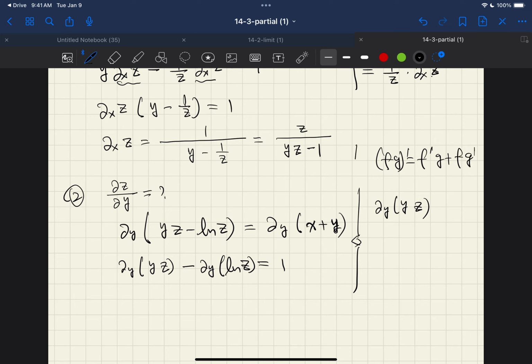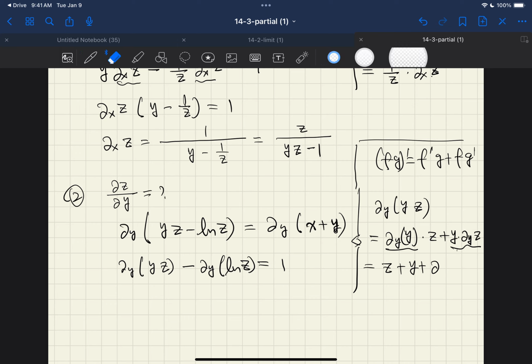That's the product rule we are going to use. So here, this is partial y of y times z plus y times partial y of z. And partial y of y is 1, so this is z plus, this one is just copied, y partial y z.